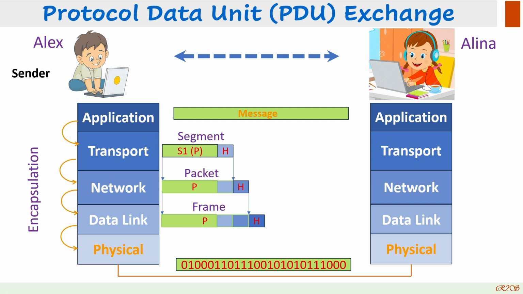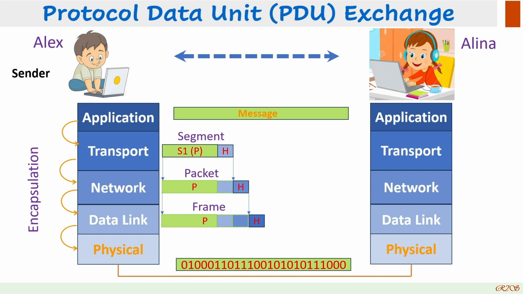The PDU of the transport layer is the segment, the PDU of the network layer is the packet, and the PDU of the data link layer is called the frame. So the transport layer creates its segment, the network layer creates its packet, and the data link layer creates its frame, and this is called encapsulation. So the sender does the encapsulation.